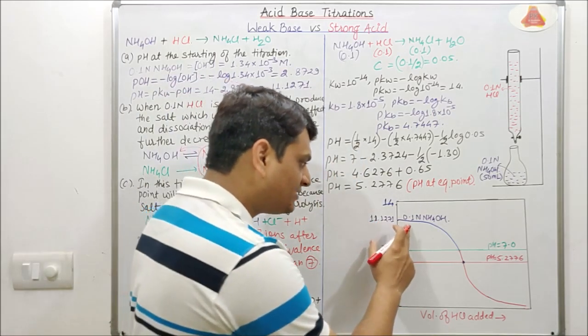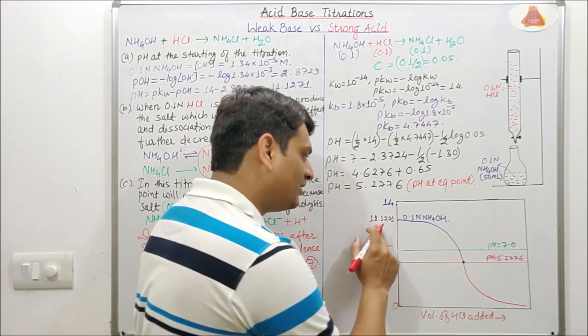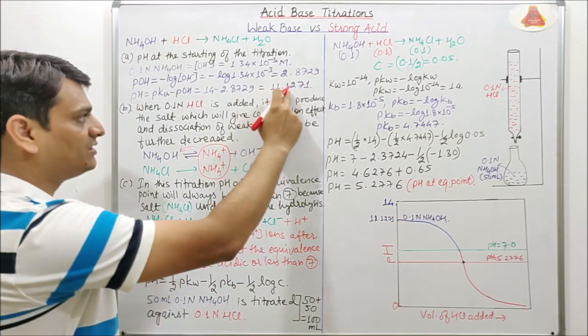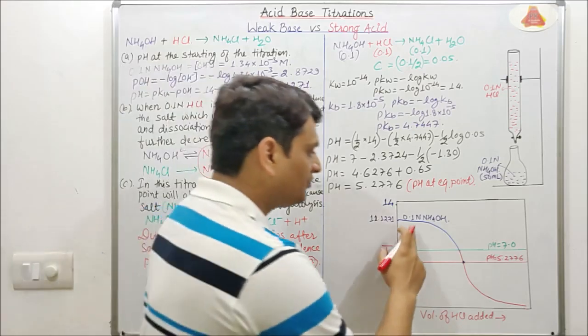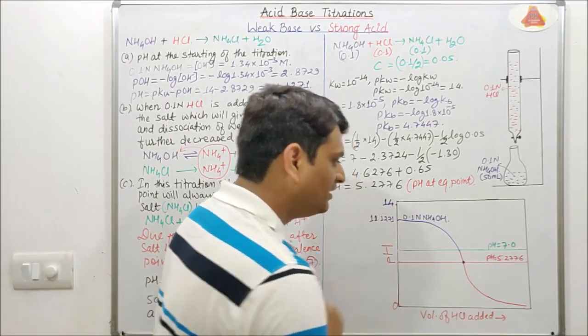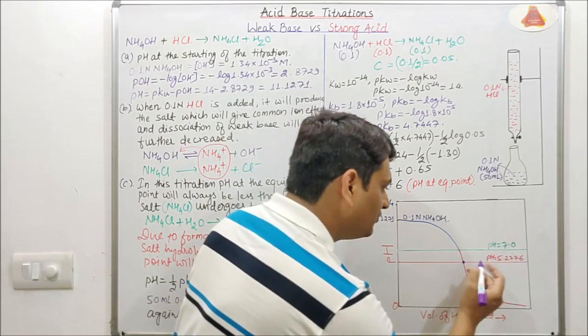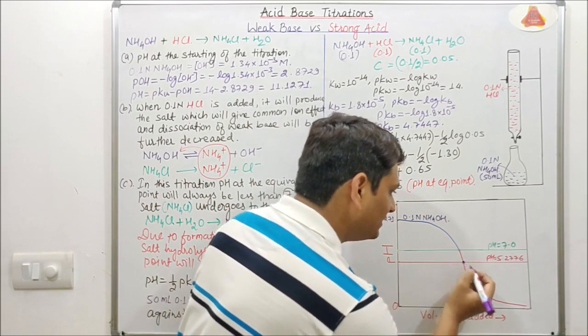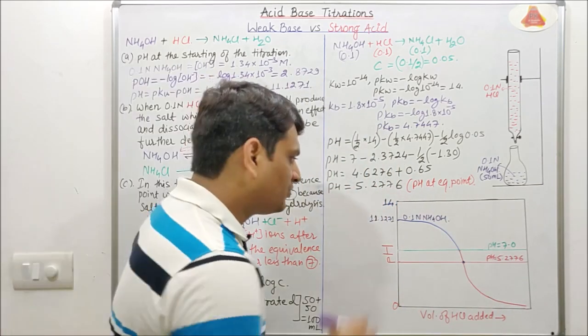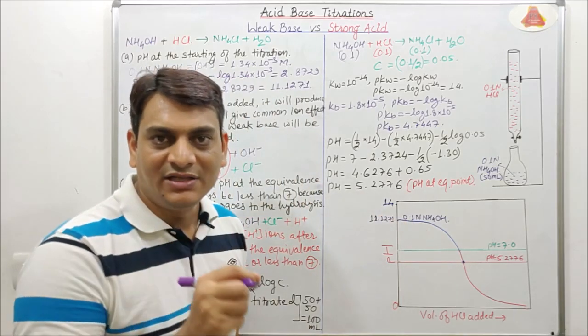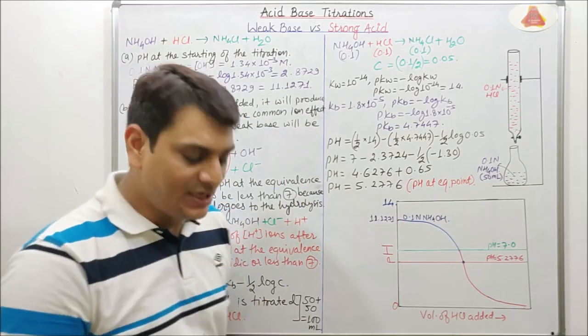So here this titration curve is starting from 11.127 because it is calculated here. So it will go downward, and we will get the equivalence point at 5.2776, and this is an acidic pH. So in this type of titration we will get the equivalence point at acidic pH.